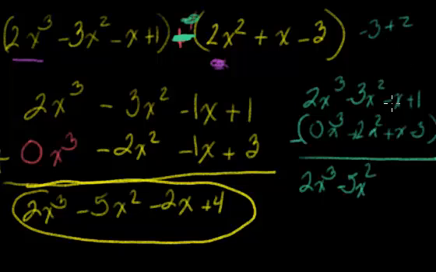And then here you get negative x minus x. So it's like basically saying negative 1 minus 1. Using same change, you're going to get negative 2x. And then 1 minus negative 3. Same change again. You're going to get plus 4.